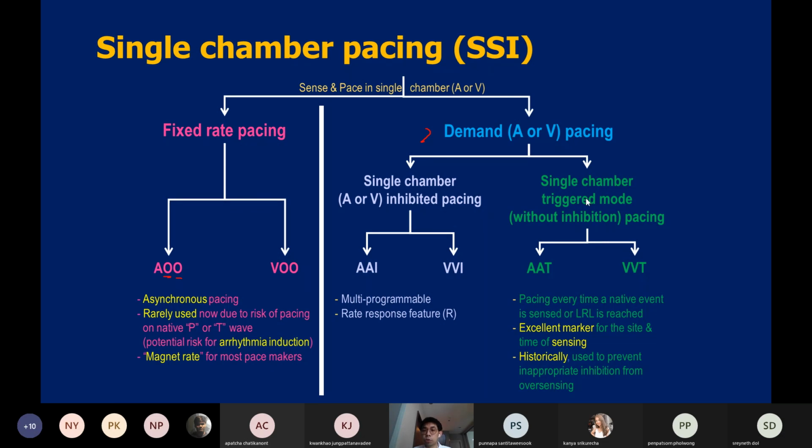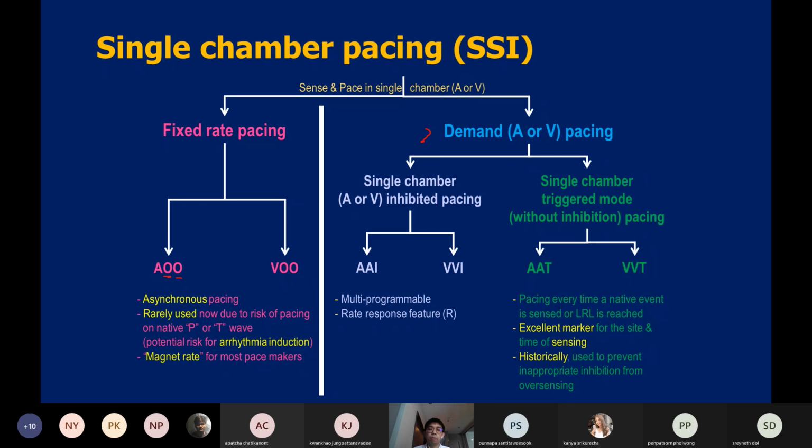Another one is single chamber trigger mode without inhibition. This is not D, only T for trigger. It will pace when it senses the intrinsic. In AAT, if there is an intrinsic P wave that the pacemaker can see, it would pace every time on the intrinsic event that is sensed.